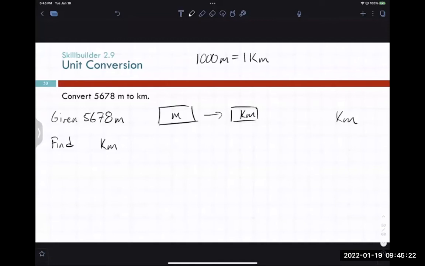We say that we have meters, so we want to cancel meters out. So this will be over 1,000 meters, and on top we'll have our 1 kilometer. Then we can plug in 5,680 meters divided by 1,000, and we'll get 5.678 kilometers.